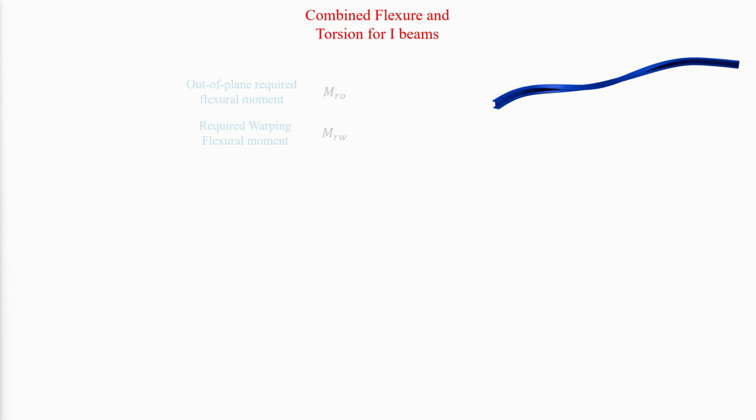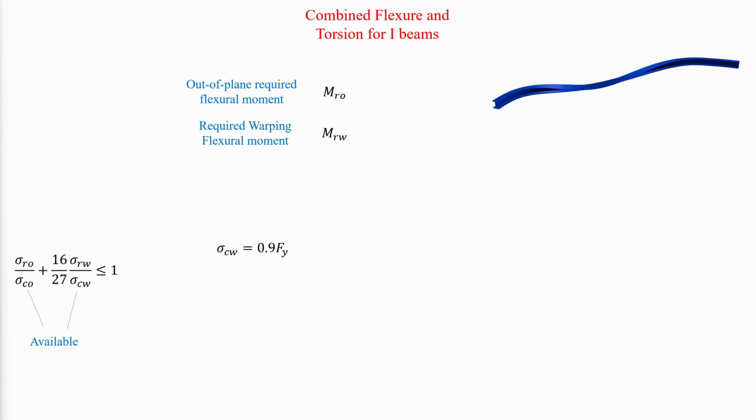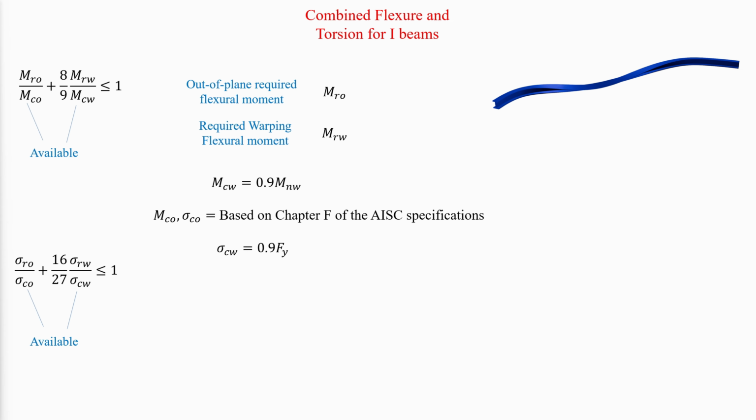After the required flexural and torsional moments are determined, the available member strength is calculated either by combining the stresses or by combining the load ratios in an interaction equation. In either case, second-order effects must be considered.